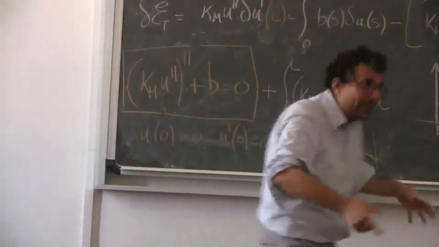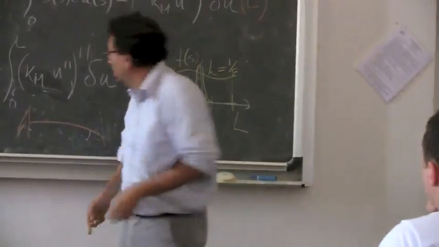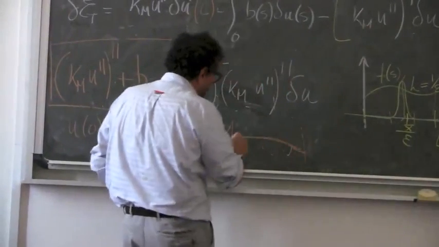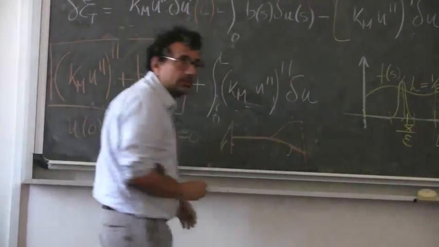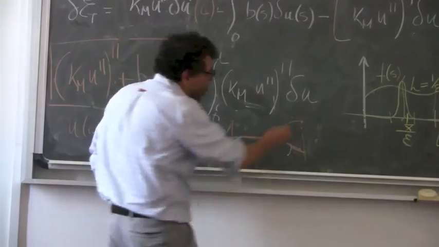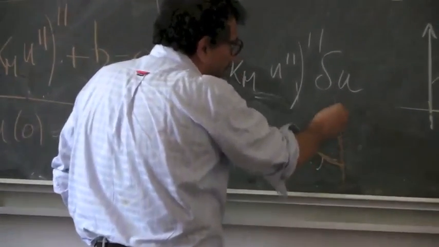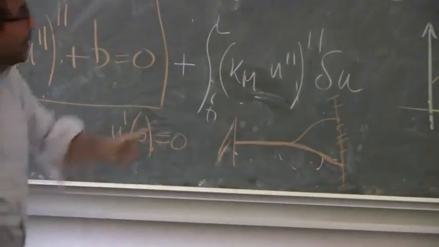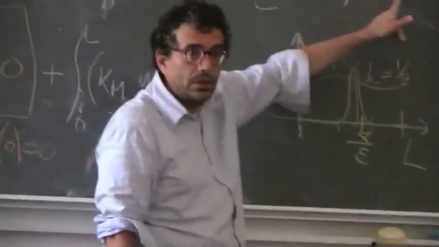So I look among accessible states. This is an accessible state. This is another accessible state. I can change the position of the ending point in every way which I like. Delta U is arbitrary.